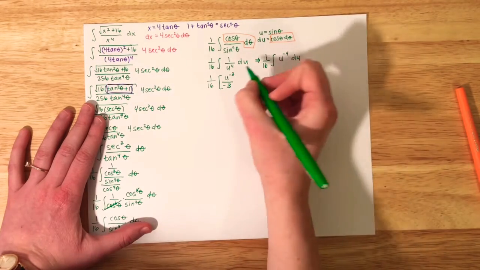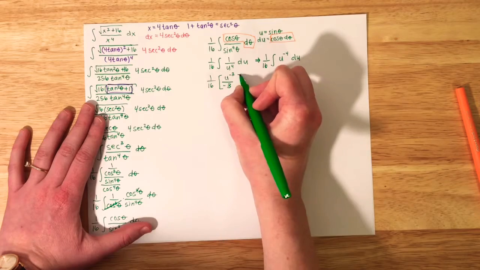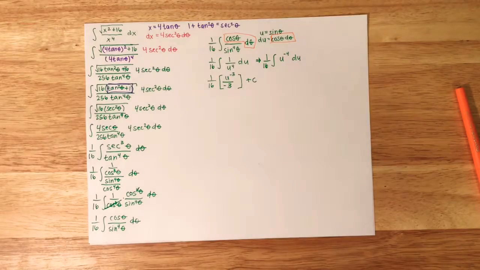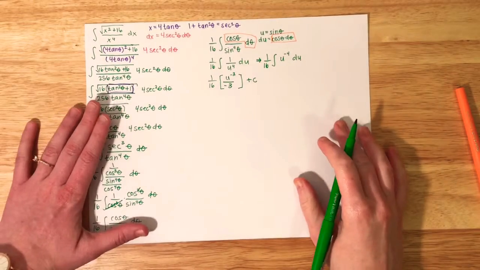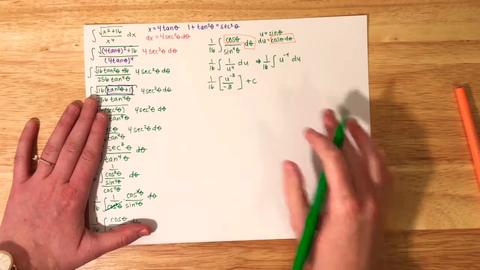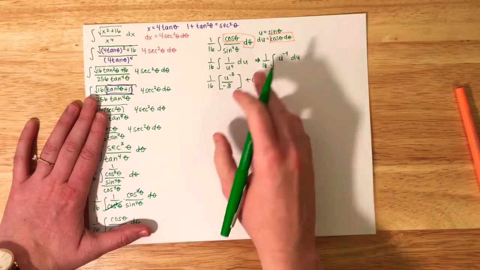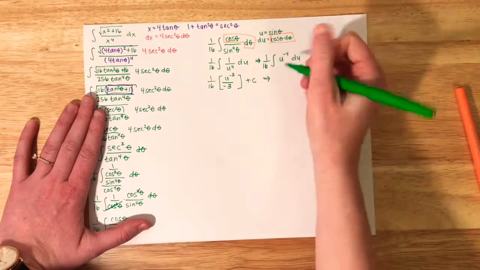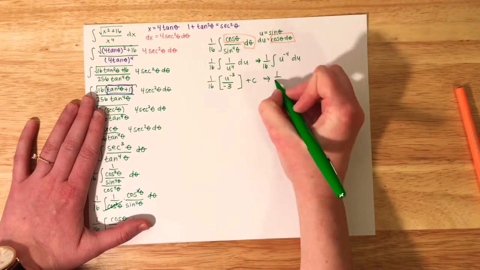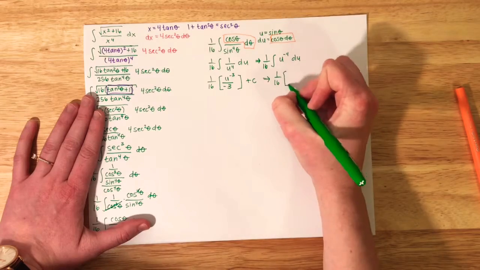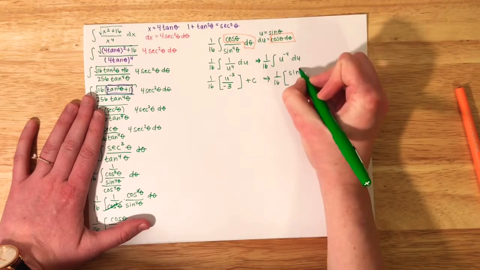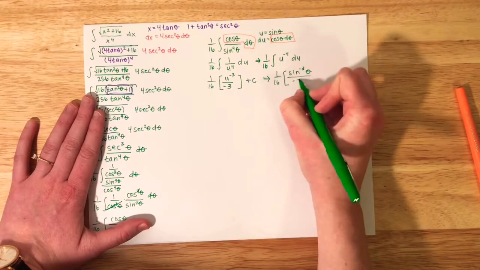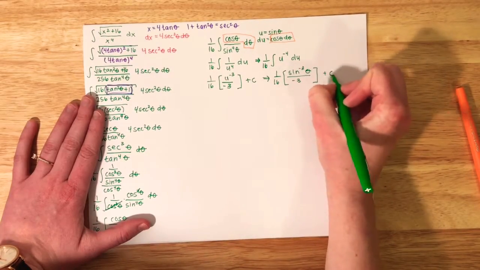So divide by negative 3. And then we'll have this plus c here. All right, so what we can do is now substitute sine back in for u. So now we will have 1 over 16 times sine to the negative 3 theta over negative 3 plus c.